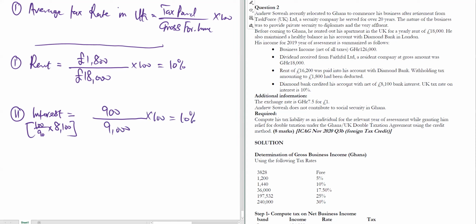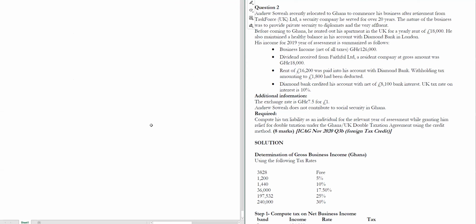It's just a coincidence. But anytime you have multiple incomes, you have to gross all of them up and get the average tax rate. Now we've got the average tax rate in the UK. Now we need the average tax rate in Ghana.